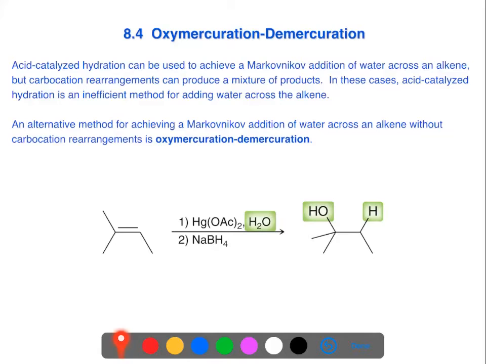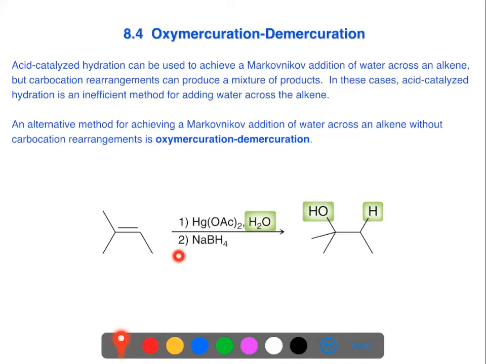Now notice how this reaction is carried out in two steps. The first step we refer to as oxymercuration, and then a second step, separate from the first, is what we refer to as demercuration. Using these numerical bullets, we're able to separate these two reactions, but we show them on a single reaction arrow.